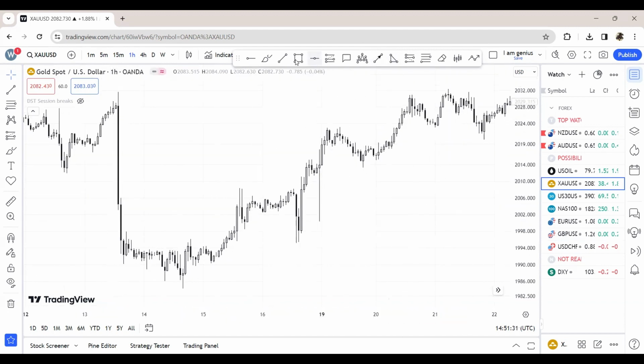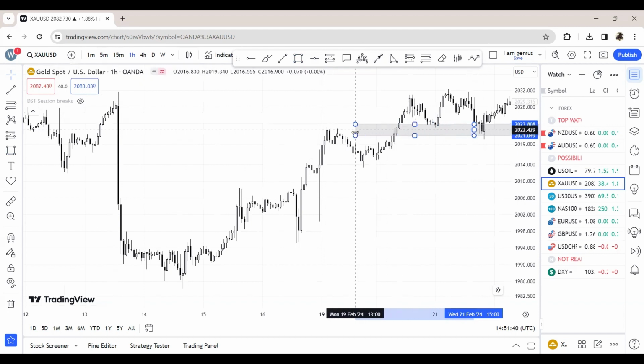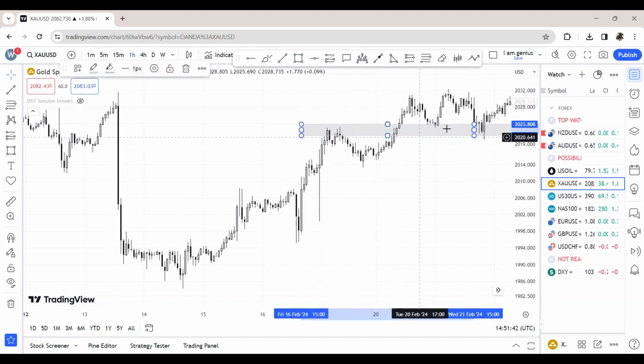Let's say we are here. You've seen that the market here created some form of support; it was previously a resistance level that has turned into support. So you see that this is a strong level.